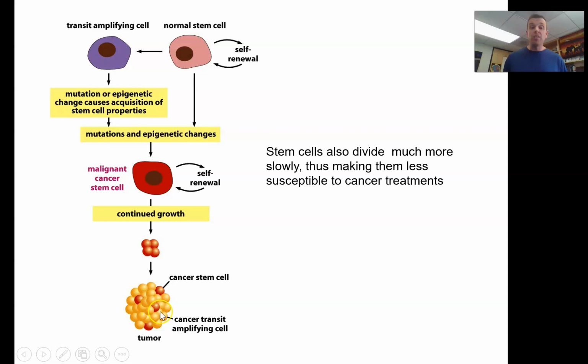But they might miss a lot of these slower dividing cancer stem cells, and if you leave those, even just one or two of those cancer stem cells that are left, they can basically remake the tumor over time. And that's why if you're treating cancer, you pretty much have to get rid of all the cells. Any cancer stem cell left over really can cause the cancer to come back, whether it's a few weeks later, a few months later, or even a few years later.